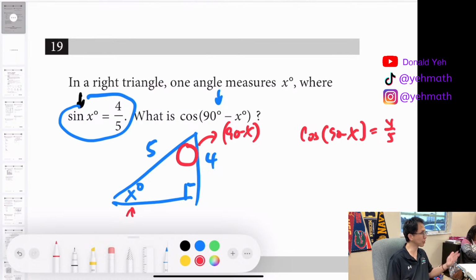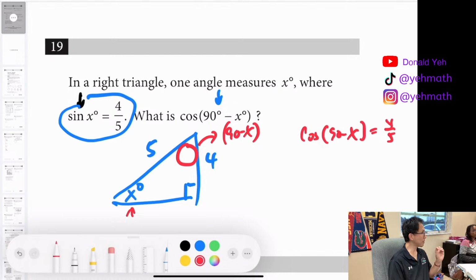In this situation, not all the time, but this particular question is a true idea of the cofunction identity. Basically, I'm just using the complement angle. If I do the opposite function of the complement of that angle, it's going to be exactly the same thing.